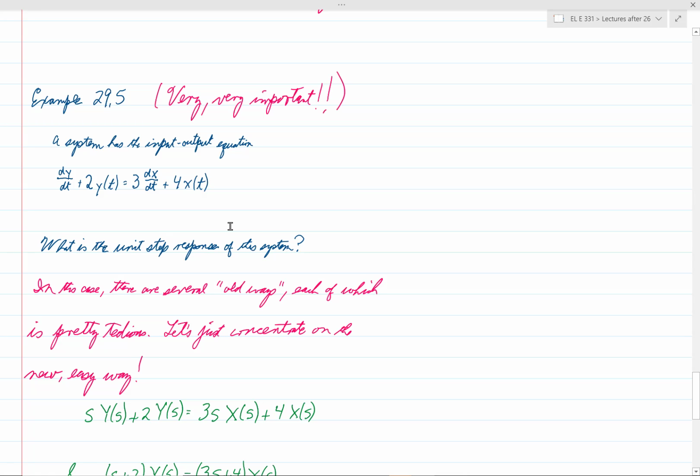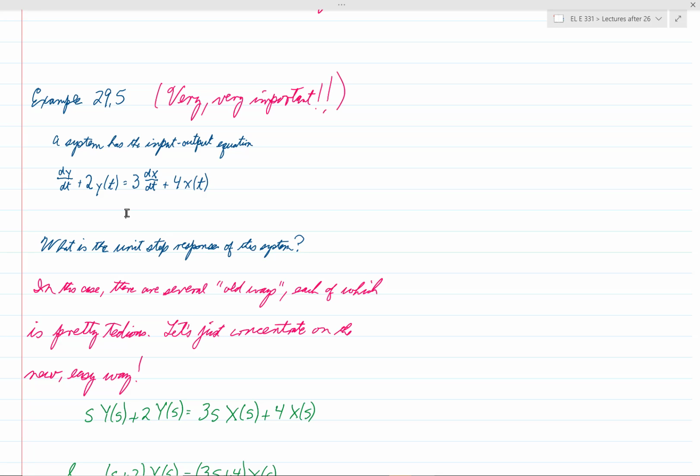Or another thing we could have done is we could have just said, well, if we have the impulse response, then all we have to do is integrate it. I'm not talking now about convolving it with the unit step. I'm just saying we could have taken the impulse response and simply integrated it to get the unit step response. Why is that true?